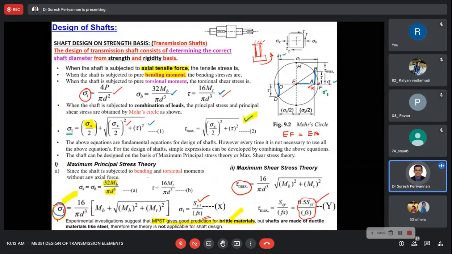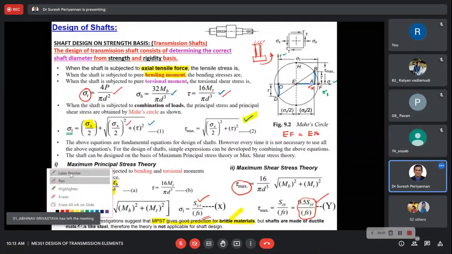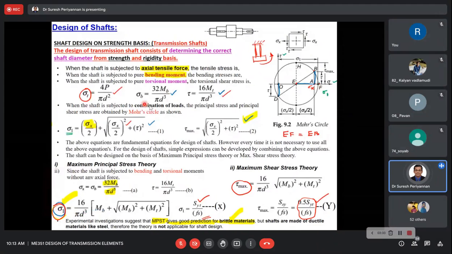Substitute sigma b and tau in our equation. Then finally we get sigma 1 equal to 16 divided by pi d cubed into Mb plus square root of Mb squared plus Mt squared.